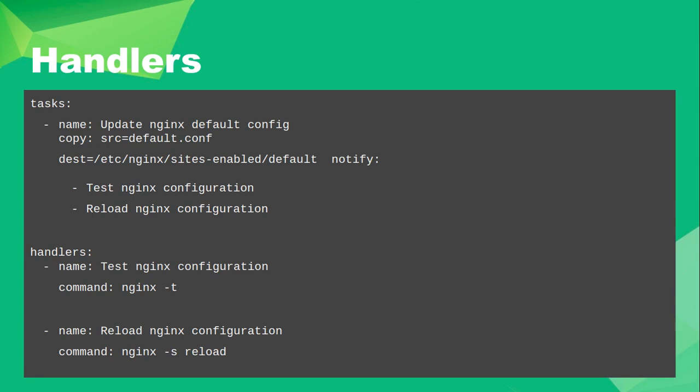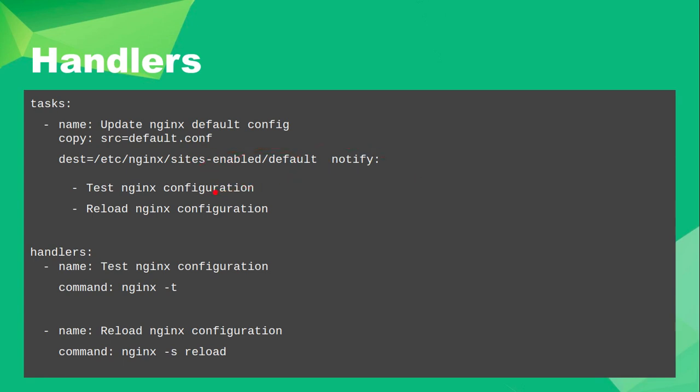The next thing we are doing is copying default.conf to the destination. From the host machine, I'm copying default.conf into the web server, inside the directory etc nginx sites-enabled default.